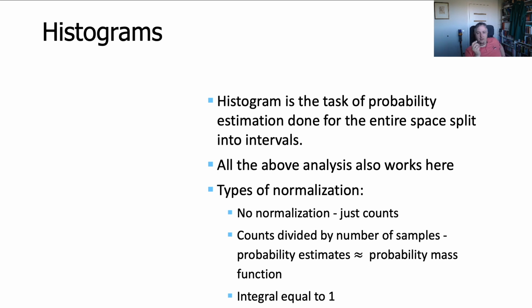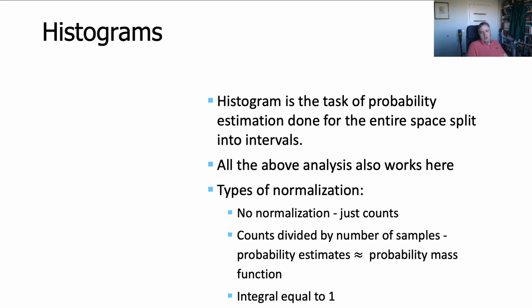Either we do not normalize at all, so we just give the number of counts of certain events in areas, and this is, from a probabilistic point of view, not that useful, because those values are not interpretable without the context of how many samples were given. Or we can divide values by the number of samples.